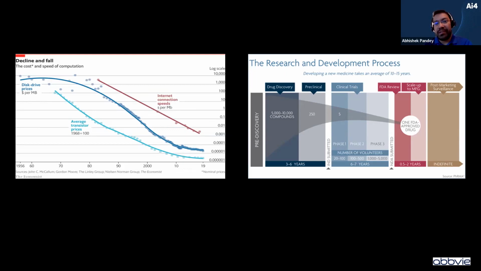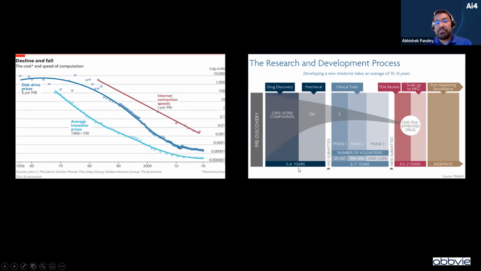If you see on the right side, only this 3 to 6 year cycle is what you can actually affect with your machine learning. Most of the time, the 6 to 7 year clinical trial, FDA review, and the rest of it, we have no power over, because the clinical trial will run at its own speed and FDA approval will go at its own speed. But one thing that we can control is the drug discovery and the preclinical portion.